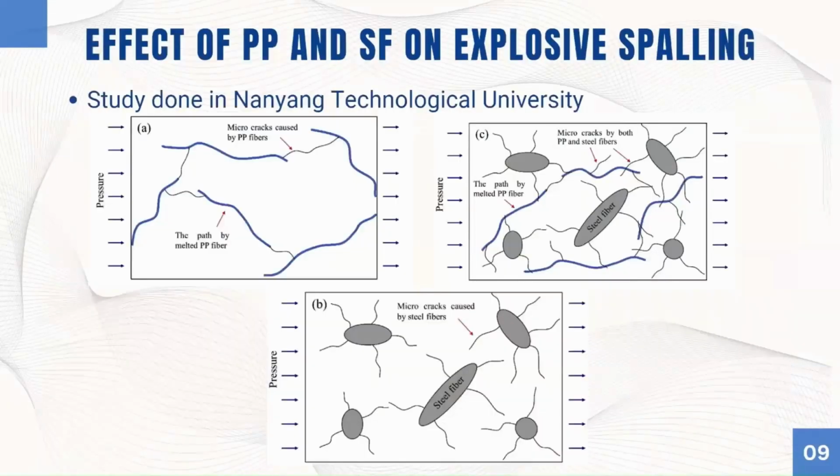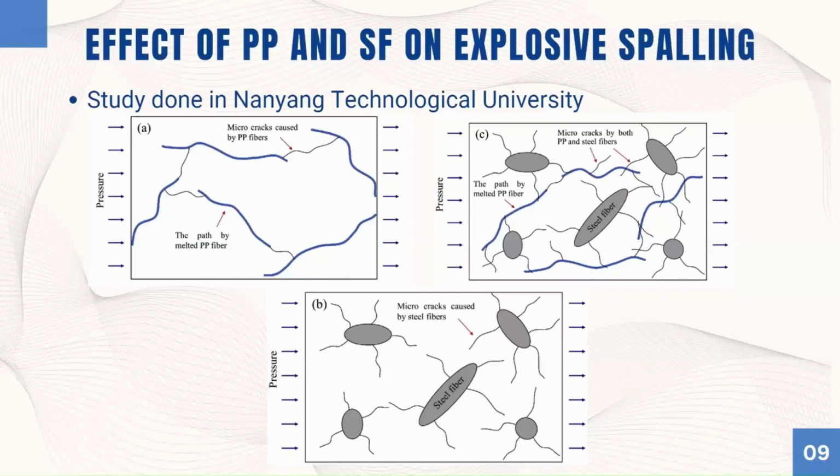To further understand the effect of polypropylene on explosive spalling, a study done by Nanyang Technological University explains the role that polypropylene fibers play in the reduction of explosive spalling. The polypropylene fibers work by bridging the cracks and the pores inside the concrete when they melt at a high temperature.